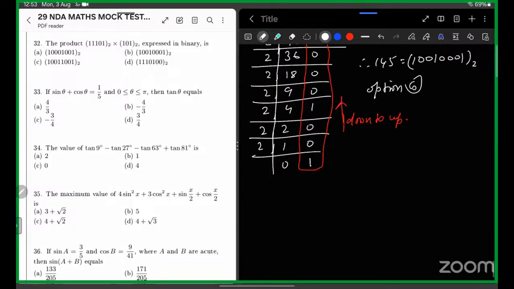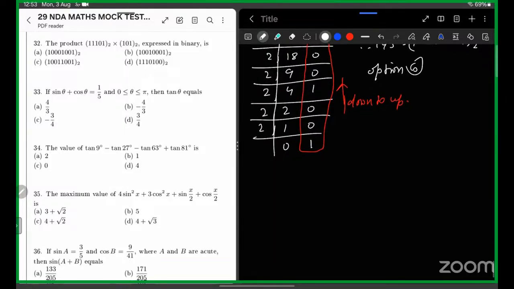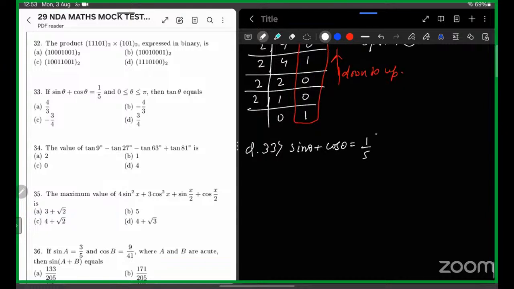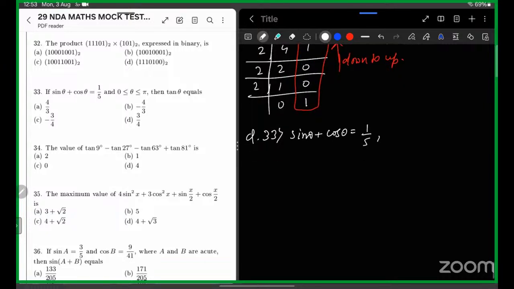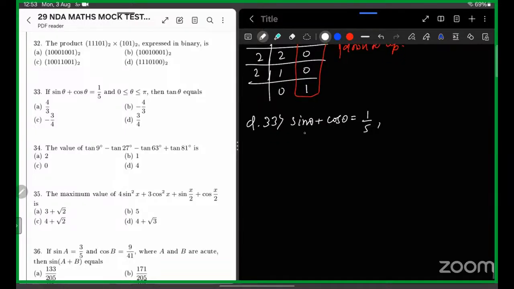Next, sin plus cos is this. What is the value of tan? Sin theta plus cos theta is 1 by 5. Tan theta can be what? Taking the squaring on both sides.